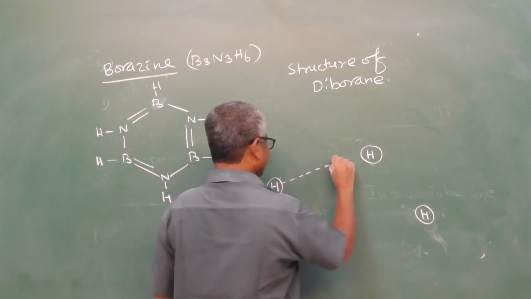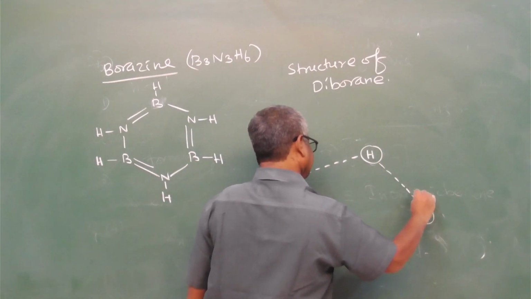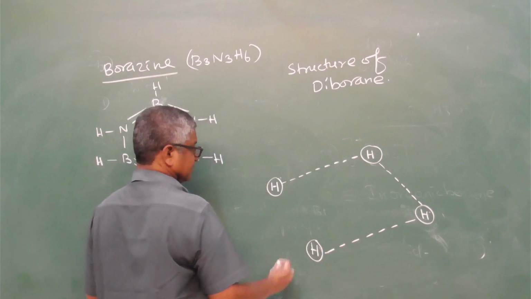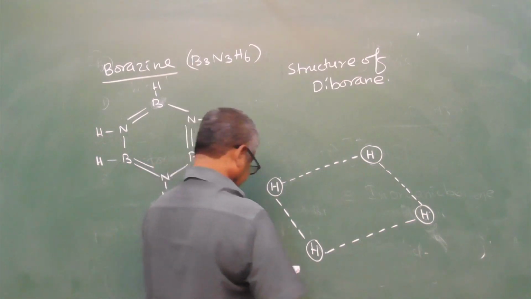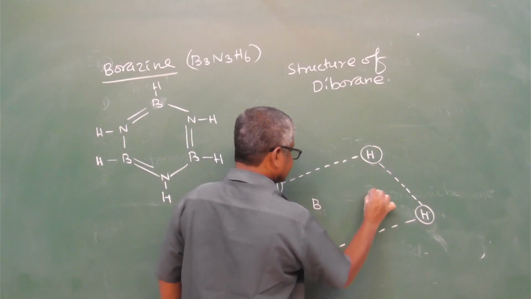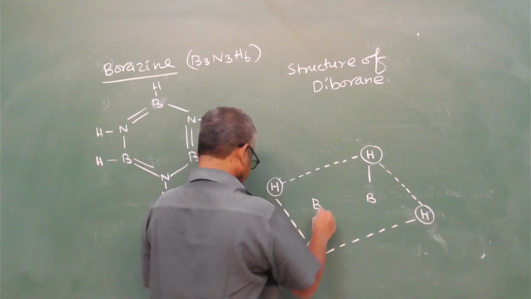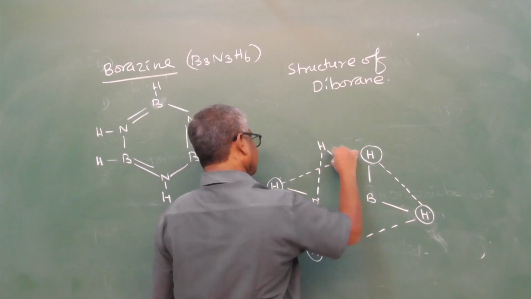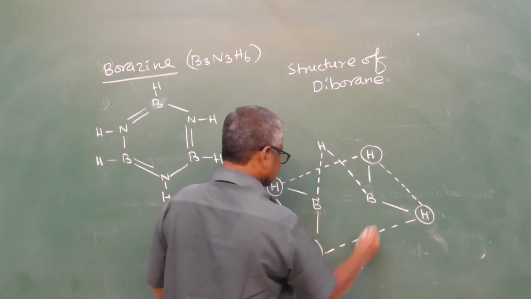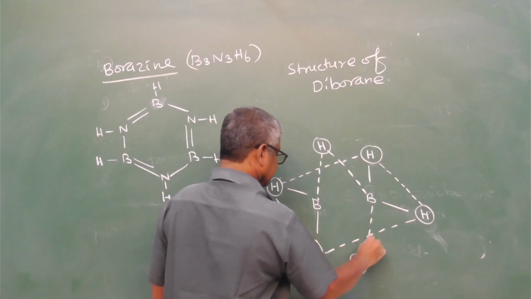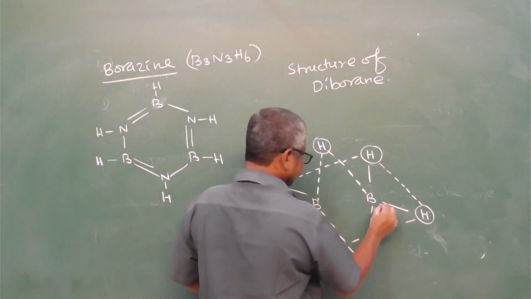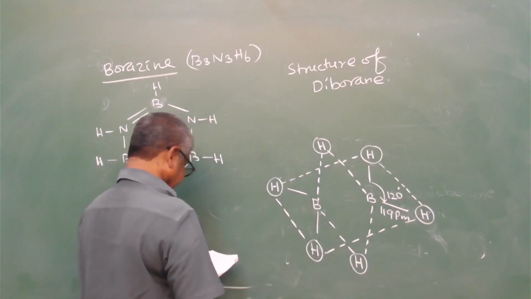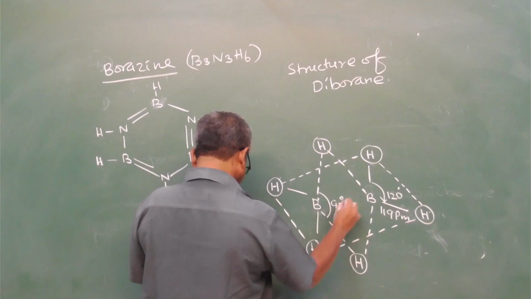If this is connected by the dotted line, the bond length is 119 picometer, the bond angle is 120 degree, and another bond angle is 97 degree.